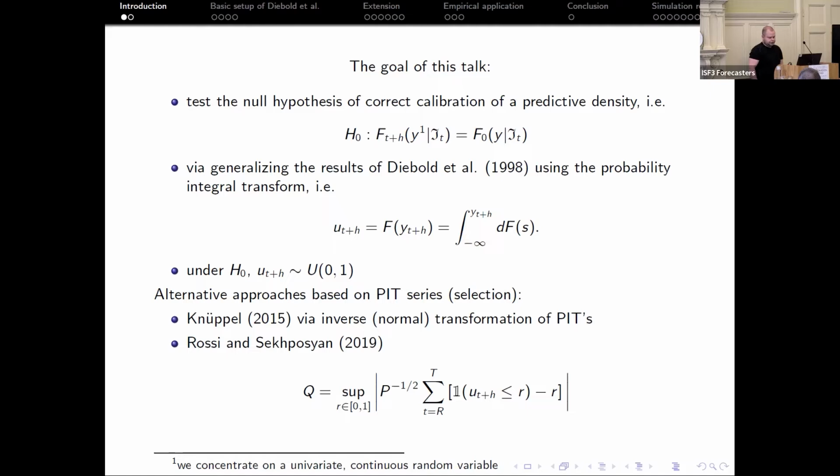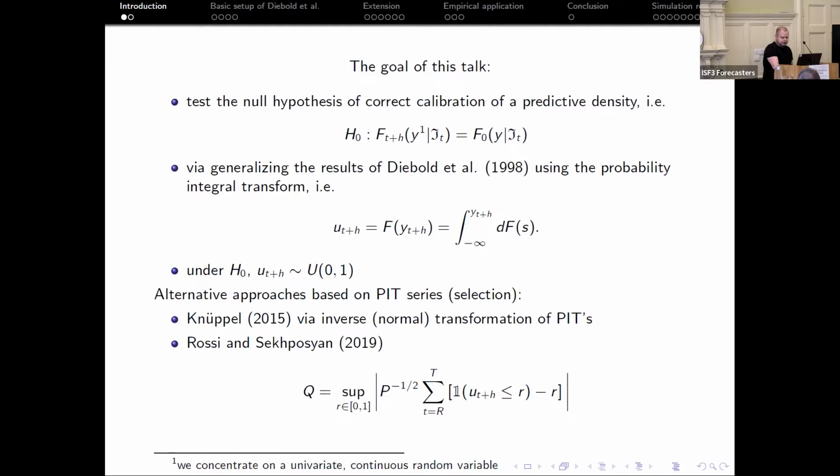The other one, which is closely related to what I will present today, is a test from Rossi and Sekhposyan, who use the Kolmogorov-Smirnov test. They also have in this paper another one based on Cramér-von Mises, an L2 statistic, but we're going to exploit this one, since they are also able to come up with nice confidence intervals for this test.